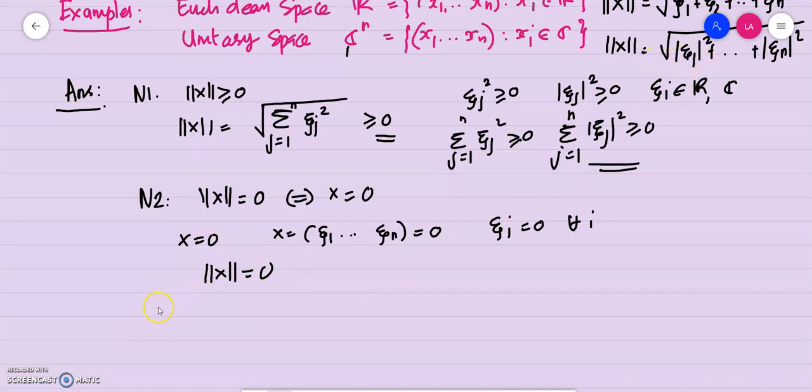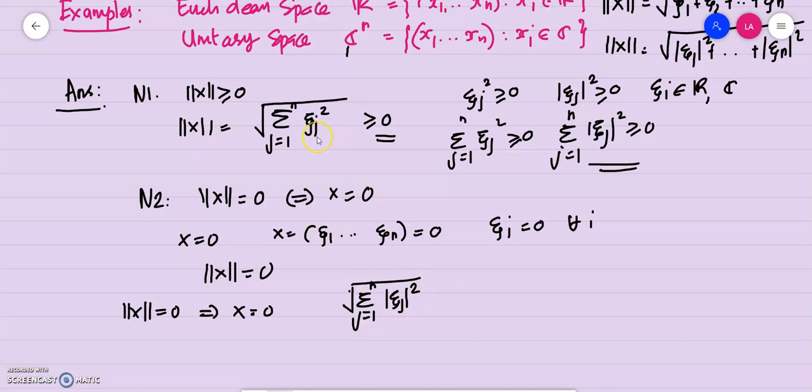Now we have to prove the other way, that is, norm x is equal to 0 implies x is equal to 0. The first direction, x is equal to 0 implies norm x is equal to 0, is trivial. Norm x is equal to 0 implies the square root of summation j is equal to 1 to n, I write just modulus of theta j the whole square, so that it can be used for both real and complex numbers.